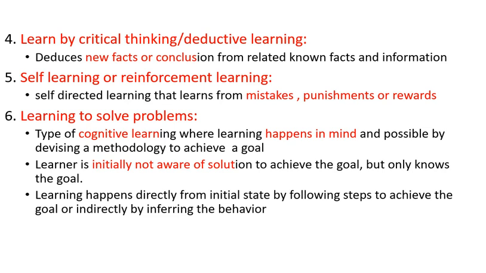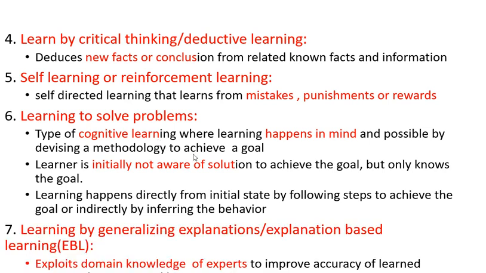So we do not know how the solution can be achieved, but we know the goal. Here learning happens directly from the initial state by following the steps to achieve that goal, or indirectly by inferring the behavior. So it's goal-oriented learning where the learning happens in the mind. It's a type of cognitive learning.